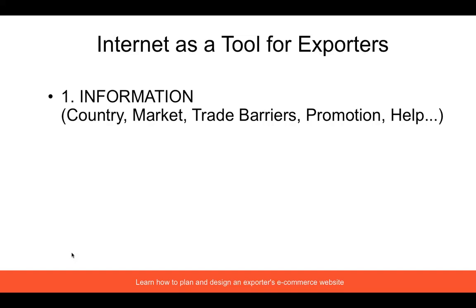For example, Ecom Connect is posting information related to international markets for you, okay? So this is the first possibility for you to use the internet. Obviously, you are going to search for information before starting your e-commerce business or before going anywhere in the world to sell your products online.